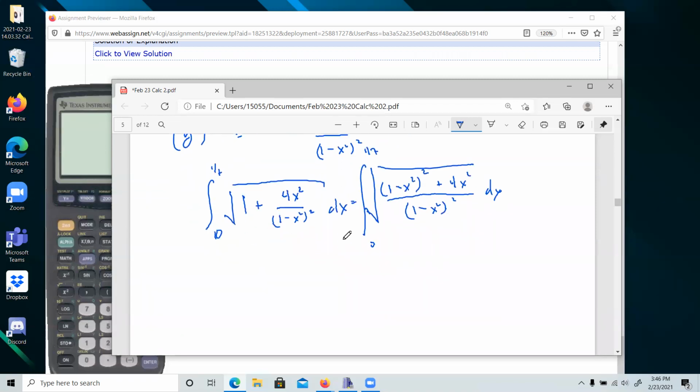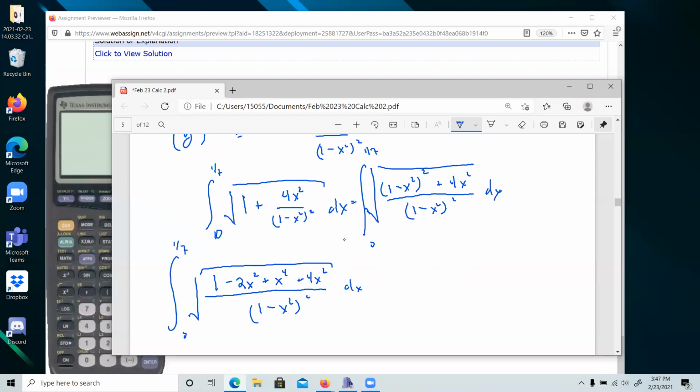All right, well, let's see here. We are going to have 1 minus 2x squared plus x to the 4th. Is that okay if I multiply that out quickly? Plus 4x squared all over 1 minus x squared, squared. And this is still inside of the square root, which is inside of an integral.